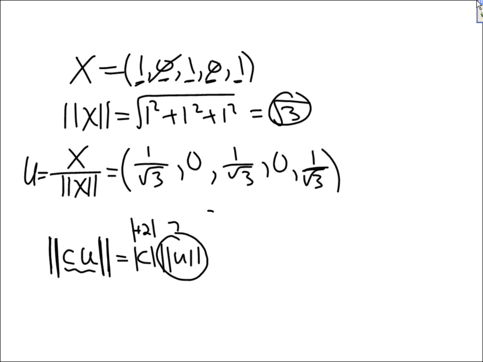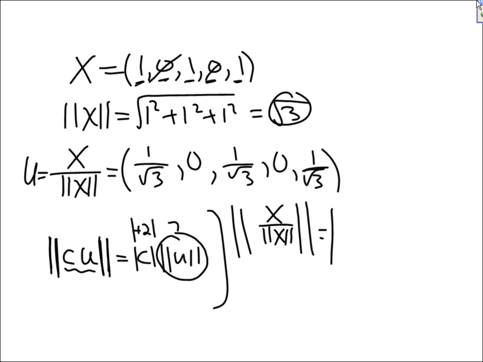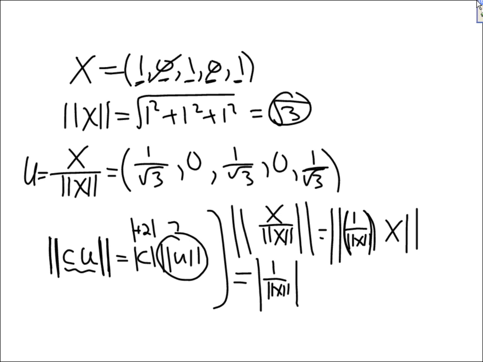Okay, so what is the length of x over the length of x? Well, first we can think of it this way. It's 1 over the length of x, a scalar, times the vector x. And using the theorem I just stated, it's the absolute value of that scalar times the length of x.